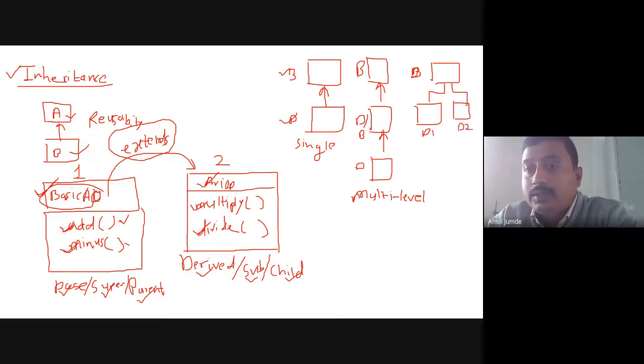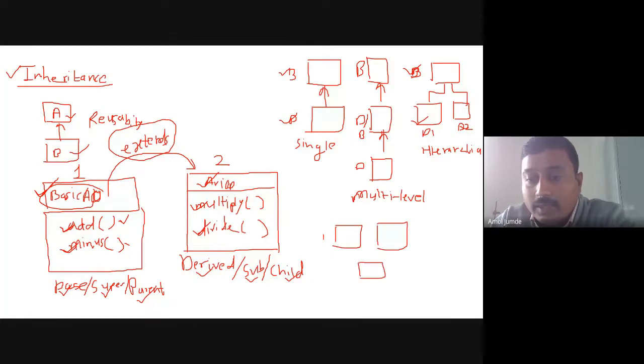So a single base class into multiple derived classes is known as hierarchical inheritance. And then there is a controversial inheritance when you have multiple base classes and a single derived class.